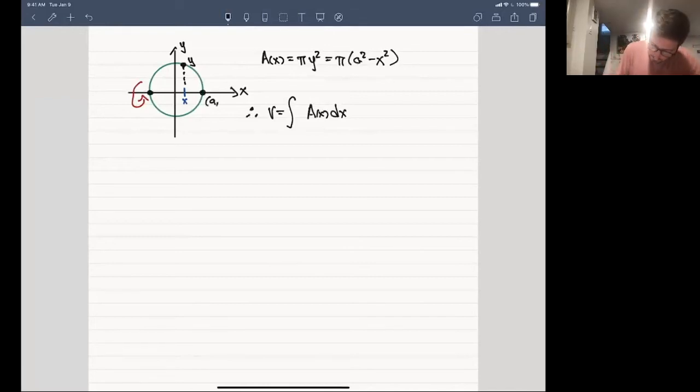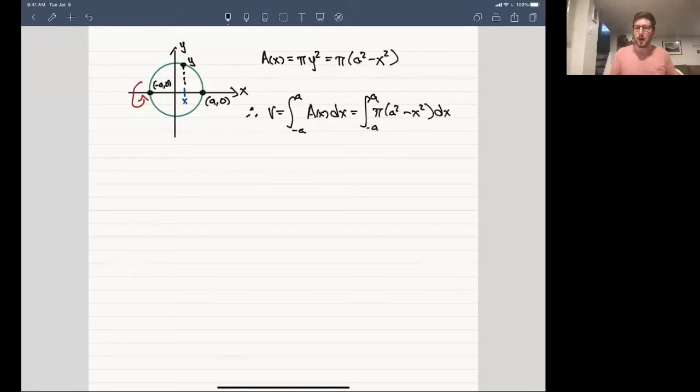They're given by a comma 0 and minus a comma 0, meaning that x is running from minus a all the way up to plus a. So we can fill in what we know. We get the integral from minus a to a of pi times a squared minus x squared dx.